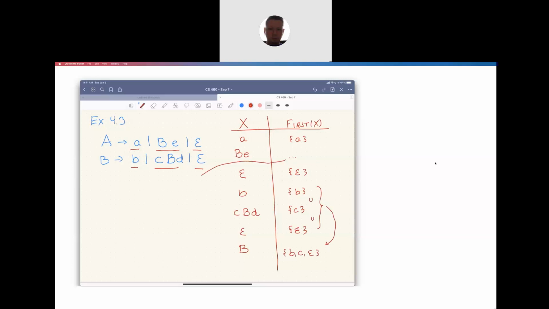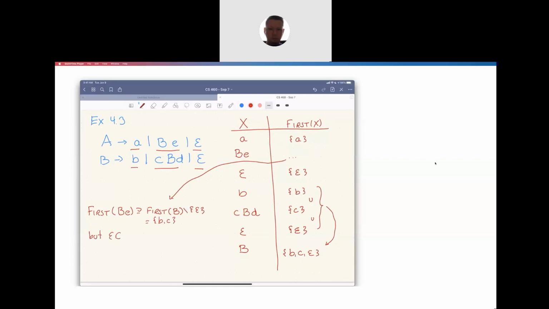Now this guy over here, first of BE, contains the first of B minus epsilon, which is BC.